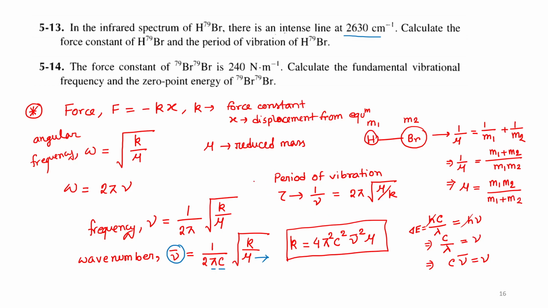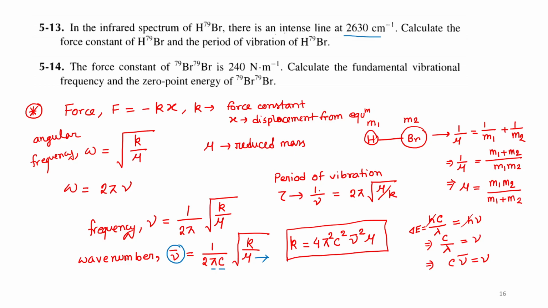This is a problem related to the simple harmonic oscillator only. If we can get the value of force constant, then we'll be able to find the period of vibration too. We will not go that far; we can also calculate it from here.